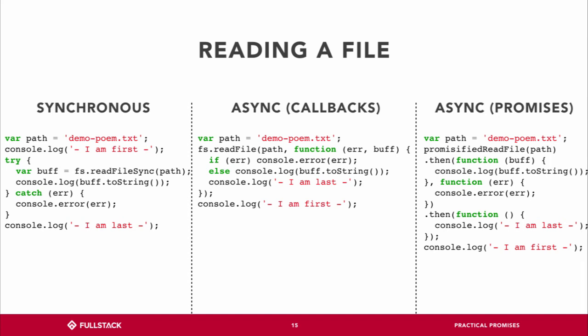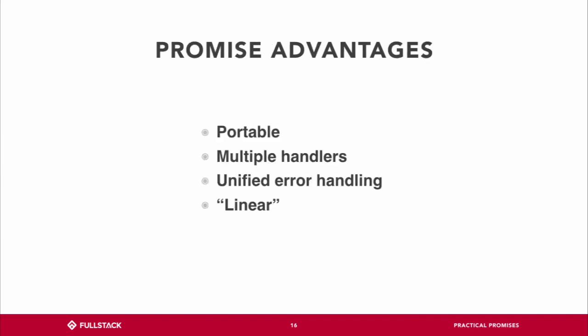And one of the things that this tells you is that this gives you the ability to go from one then to the next then. One thing that we'll end up looking at is how we can pass data from one promise to the next promise, which really makes this a very powerful thing.